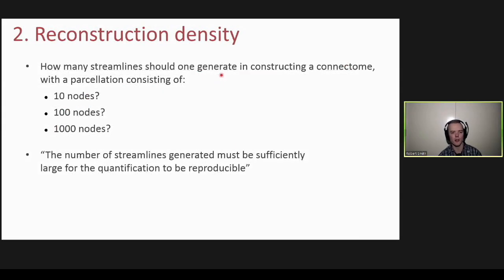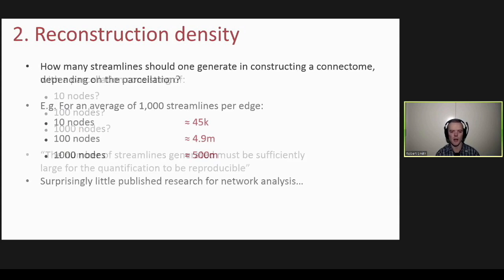In the context of connectome construction, I tend to think a fairly big influencer here is the number of nodes that you have in your parcellation. If you have 10 nodes, you might have the 4 lobes of each hemisphere plus your 2 cerebellar hemispheres. The number of streamlines you need to estimate that connectivity robustly is probably not as many as you would need if you've got a super fine parcellation.